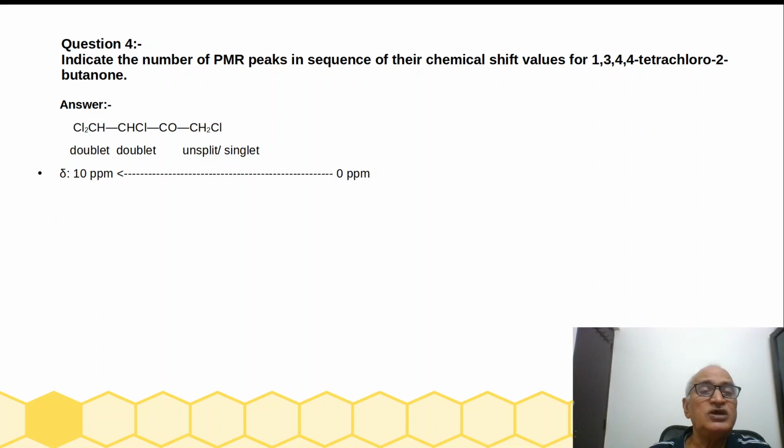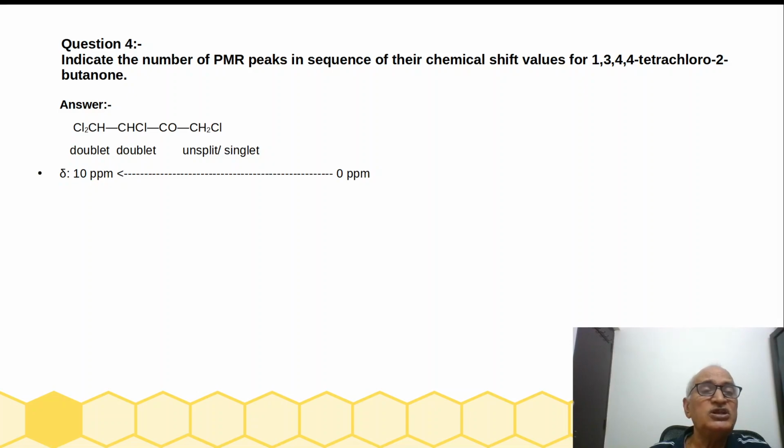The delta values appear in the same order, which is shown below. The CH2Cl appears somewhere around 2 ppm. CHCl is close to CO. It appears at a bit higher delta value.